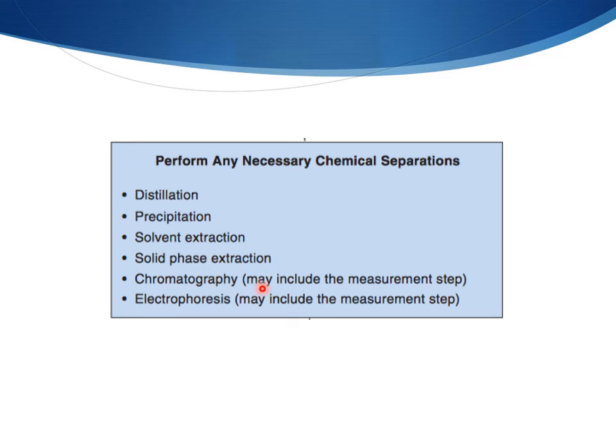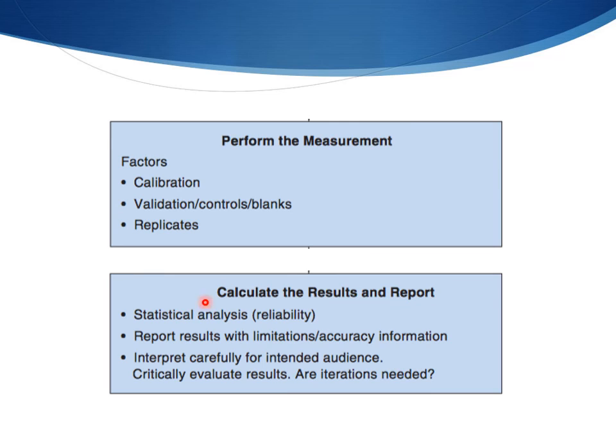We can use chromatography, and we can use, for example, electrophoresis for separation of components of a mixture. Then the other factors which we need for performing the measurement are calibration and validation of the method which we are using, right? And then we have to perform experiments in replicate. So all these are the requirements or factors which are necessary for performing the measurement.